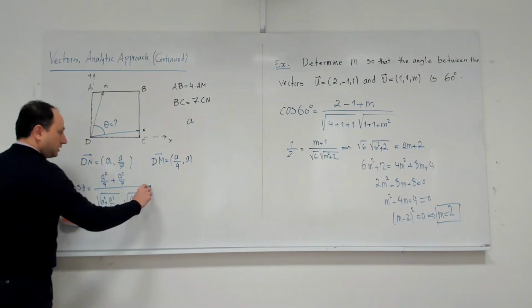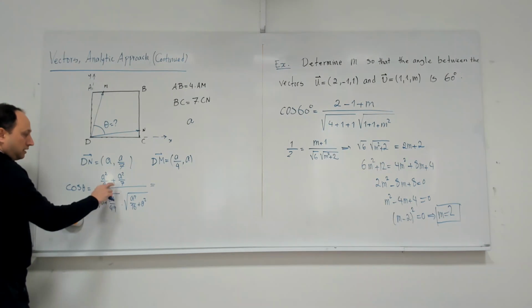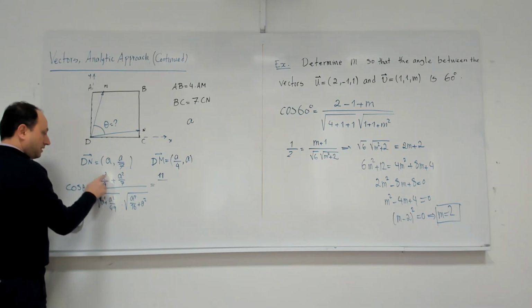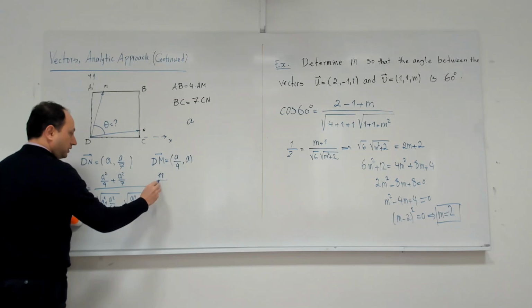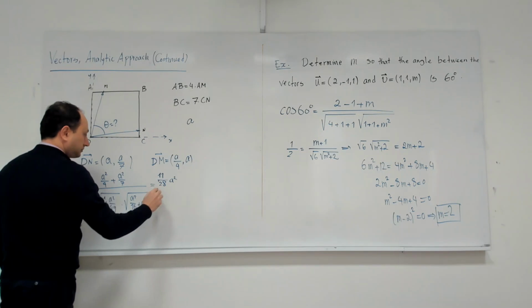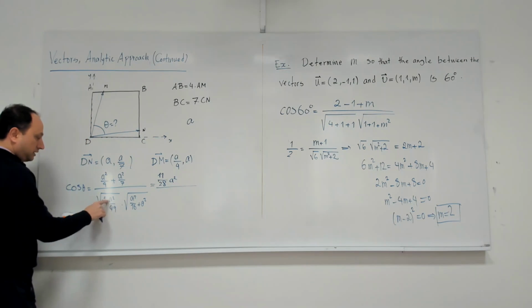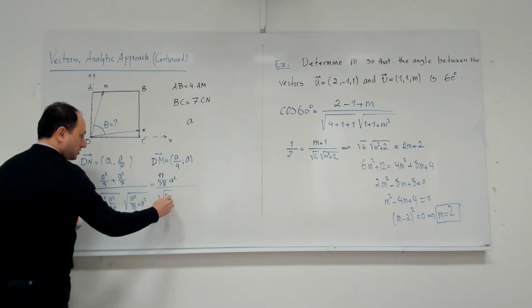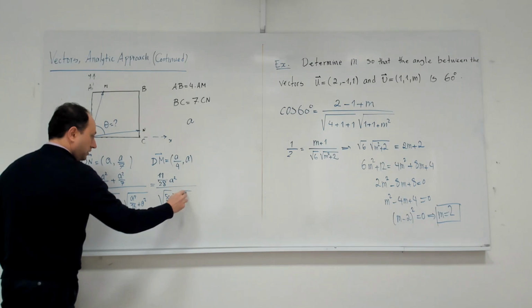So if I calculate the numerator, the common denominator 11, so 7 plus 4, 11 over 28, a squared. And then here, if I take the common denominator, it becomes square root of 50 a squared divided by 49. And then this one becomes square root of 17a squared over 16.